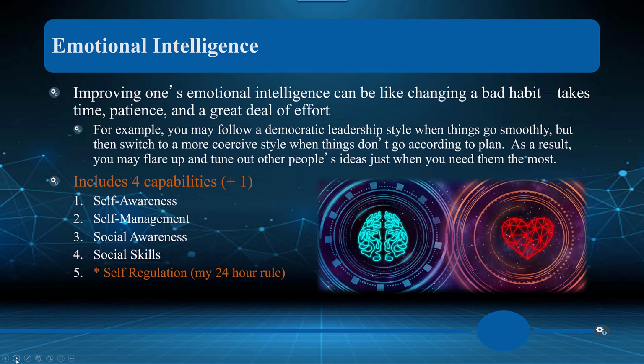Improving one's emotional intelligence can be like changing a bad habit: it takes time, patience, and a great deal of effort. Now, this can apply to any behavior. We don't necessarily need to get rid of a bad behavior. We just need to replace a bad behavior with a good one. Notice the difference. If we just remove the bad behavior, we don't have anything to do differently.